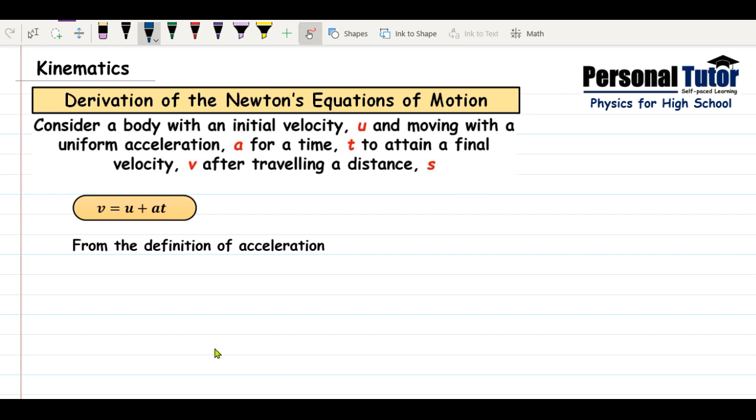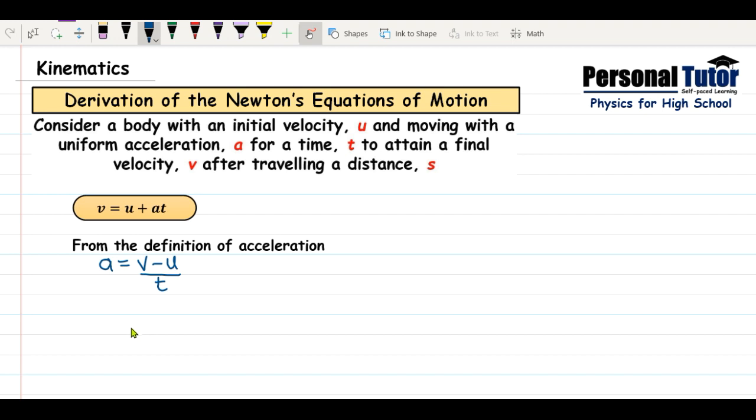During the second lesson, we learned that acceleration is the change in velocity over time, the rate of change of velocity of a body in motion over time. And we ended up with this formula: a for acceleration equals v minus u, that is final velocity minus initial velocity, all over time.